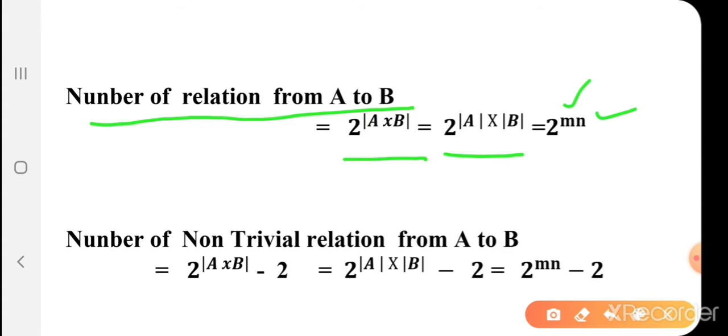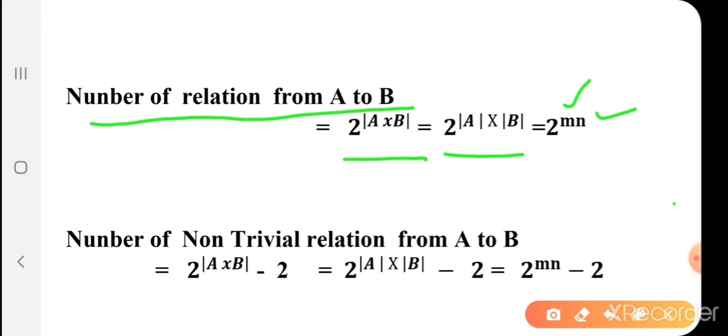Now we discuss the number of non-trivial relations. In the previous section you learned that there are only two trivial relations: one is the empty relation, the other is the universal relation.